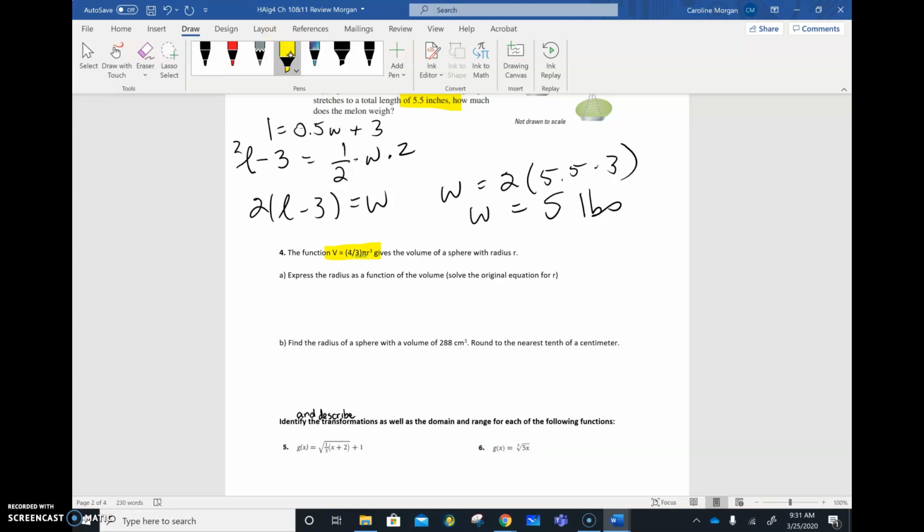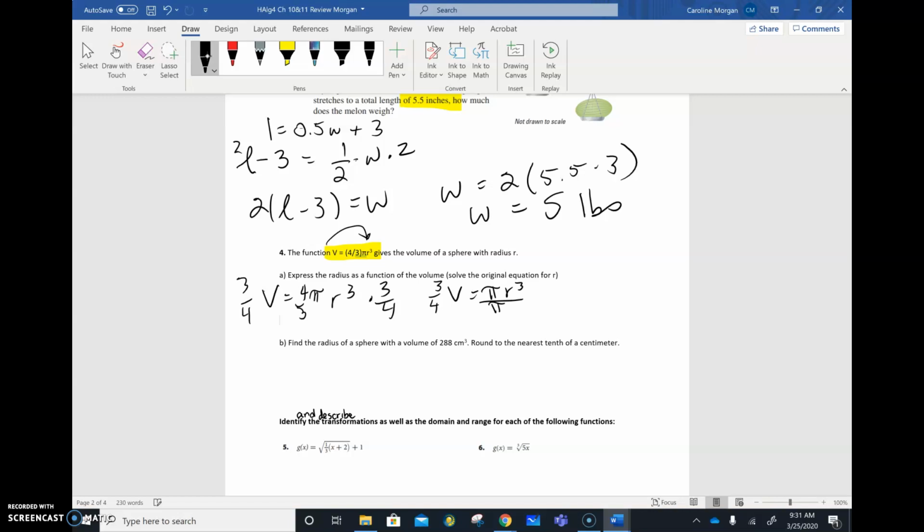This is similar. The function here gives the volume of a sphere with radius r. So the volume is based on radius. Now it says, well, express the radius as a function of the volume. So now we're going to solve for r, right? V equals 4/3 pi r cubed. All right, well, I'm going to multiply both sides by 3/4, right? 3/4 V equals pi r cubed.